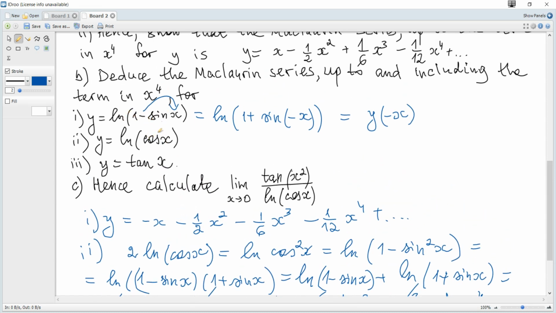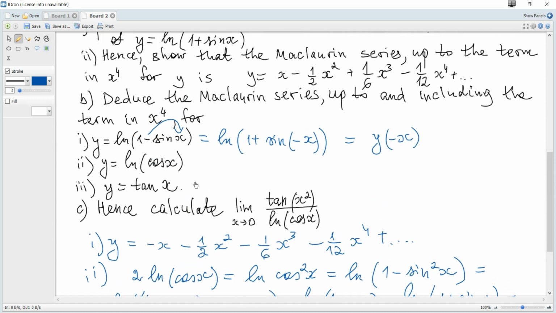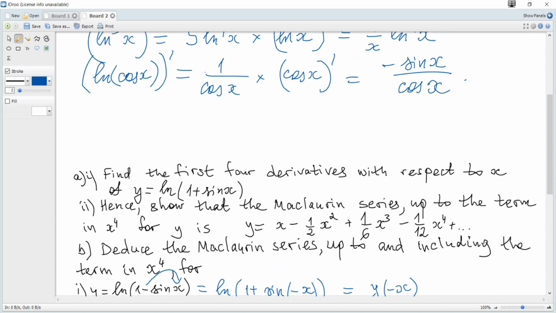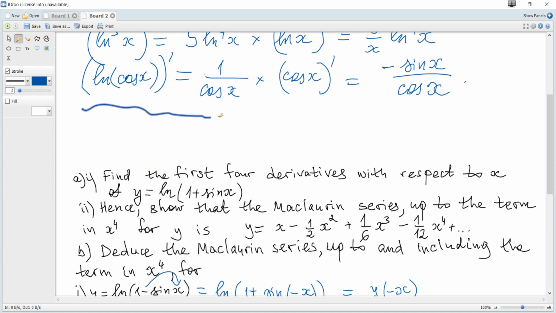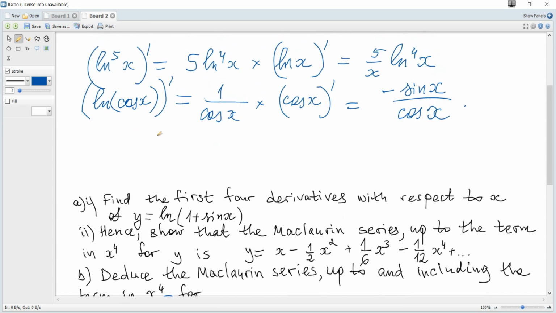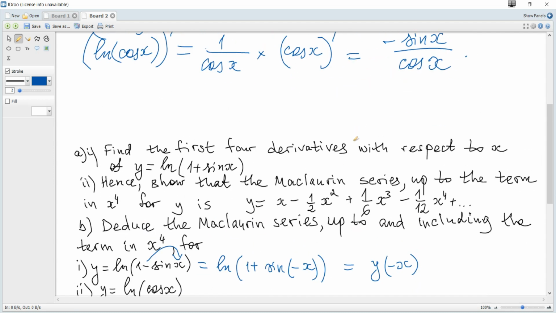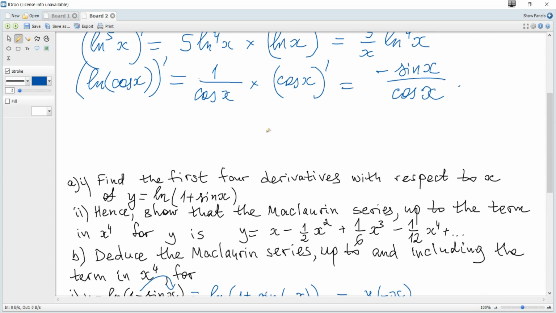ln of 1 minus sine, 1 plus sine, or ln of cosine. Actually in this example, we can see that if we consider the derivative of ln of cosine, it's minus tangent. So we can see that tangent x is minus the derivative of ln of cosine.